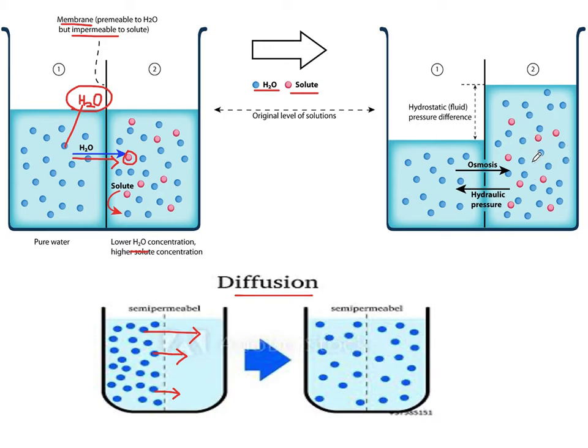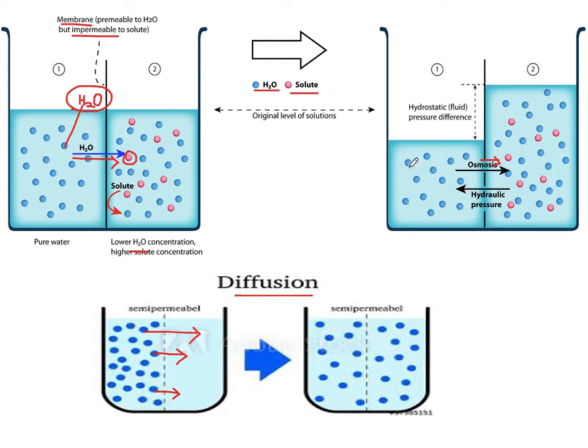Because certain space in this volume has been taken up by the solute particles, there can be fewer water molecules, and this side is pure, so all of it is water. So the water will keep on going this way till the number of water molecules in the first place is equal to the number of water molecules in the second place, which will result in a volume difference, right?